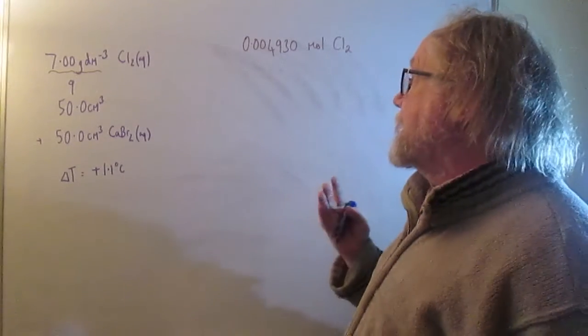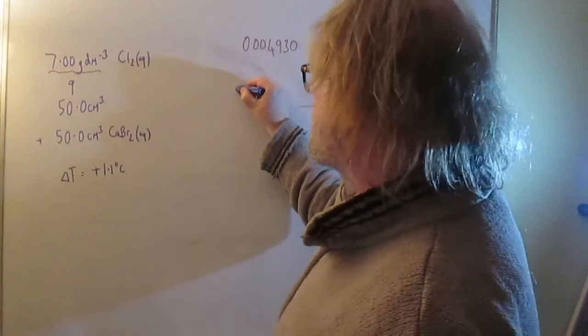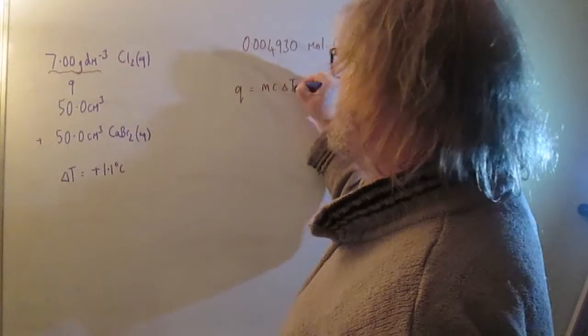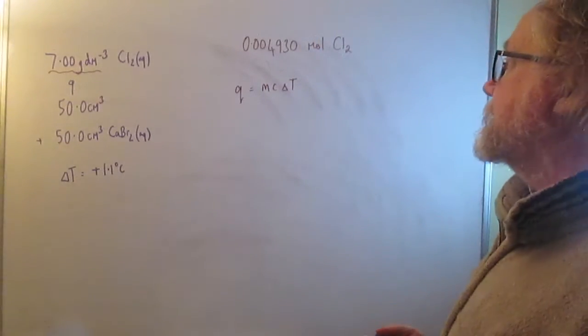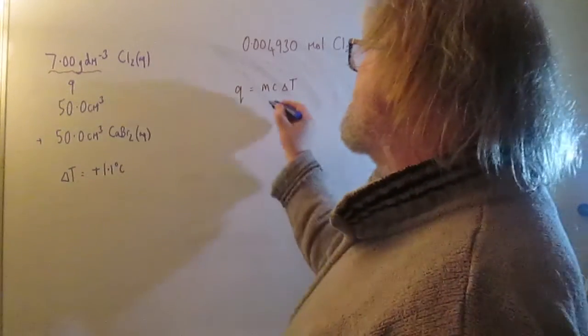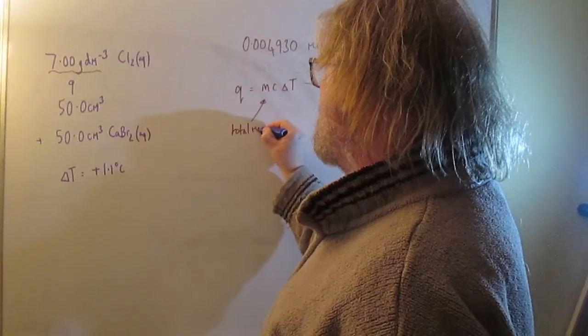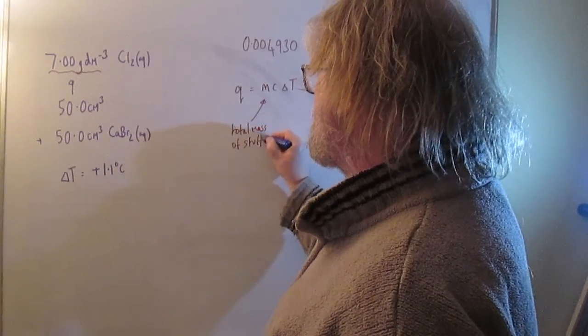So now we get to the main issue, which is that we're supposed to be working out delta H for this reaction, and the key to that is always this relationship, Q is equal to mc delta T. So you need to memorize that and remember what the terms mean. So m is the total mass of the stuff that's being heated or cooled.